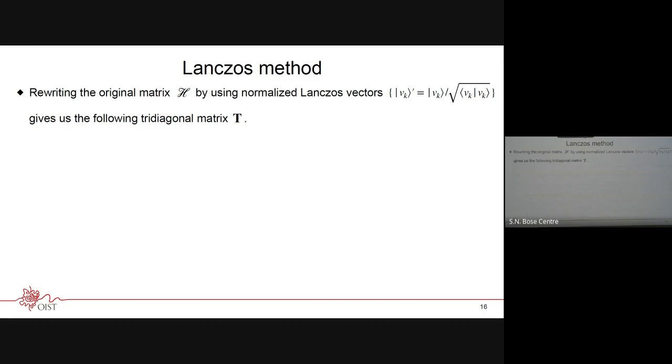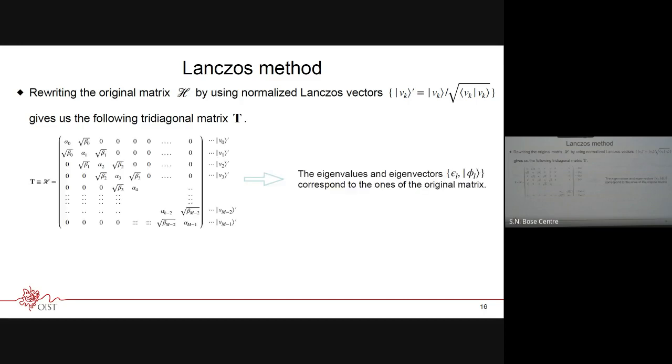And that gives us the following tridiagonal matrix D. So now the original matrix Hamiltonian is written by this, in the form of a tridiagonal matrix, and that is very easy to diagonalize by using some subroutines in Java or Python, for example. And actually, the eigenvalues and eigenvectors of this tridiagonal matrix correspond to the eigenvalues and eigenvectors of the original Hamiltonian matrix.